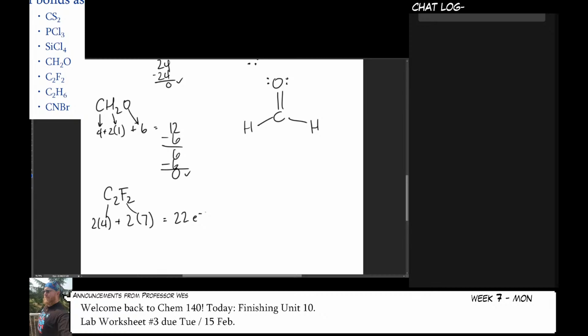Is that right? 4 times 2 is 8, plus 14 is 22. Yeah, that's right. Okay. I'm going to put the central atoms next to each other, and then I'm going to symmetrically arrange the other ones around the outside. So I'm going to stick an F on both sides. I'm just going to do this. 2, 4, 6.